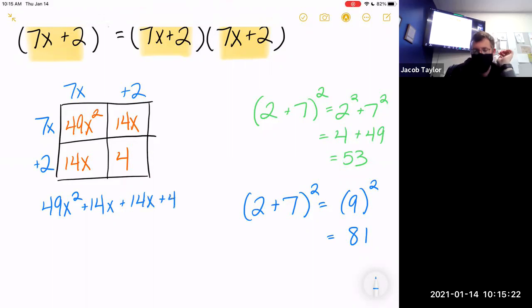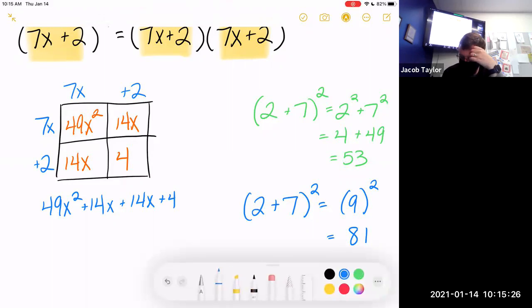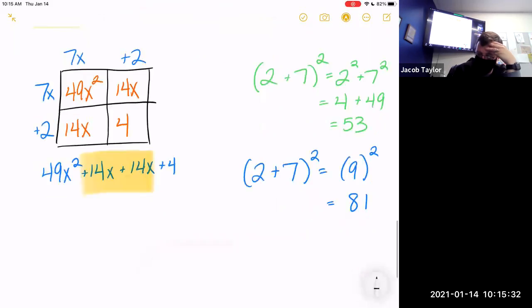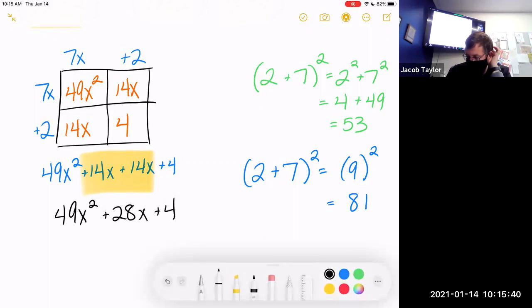We're not going to solve this one unless you're into it. What's 14x plus 14x? 28. Yep. So the answer is 49x squared plus 28x plus 4.